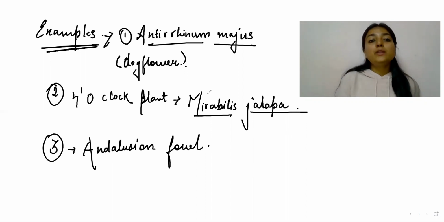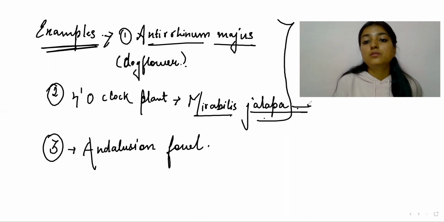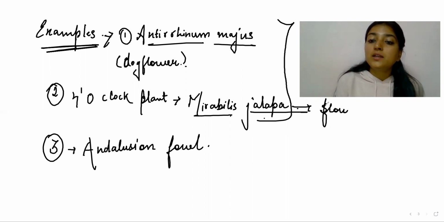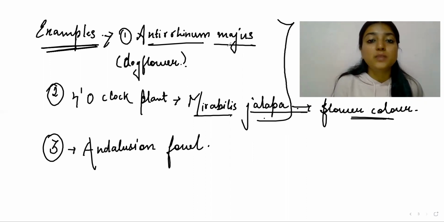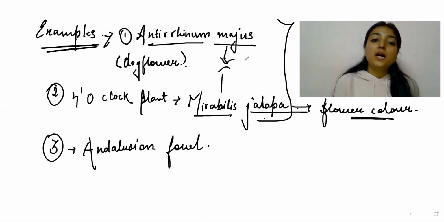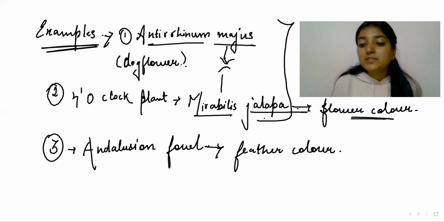We are dealing here with flower color for the two plants. I will tell you the examples taking the character flower color of these two plants. But in the Andalusian fowl, we will take the character color of the feather.